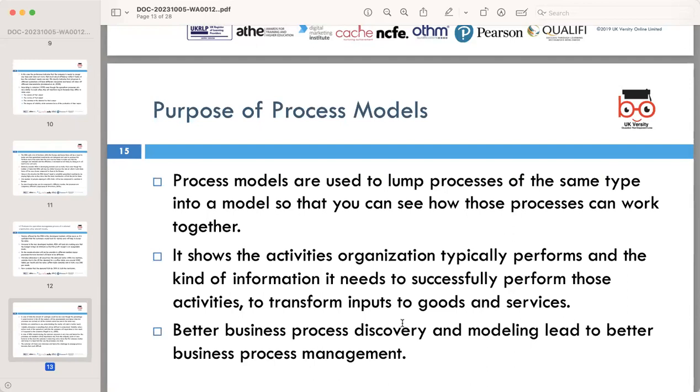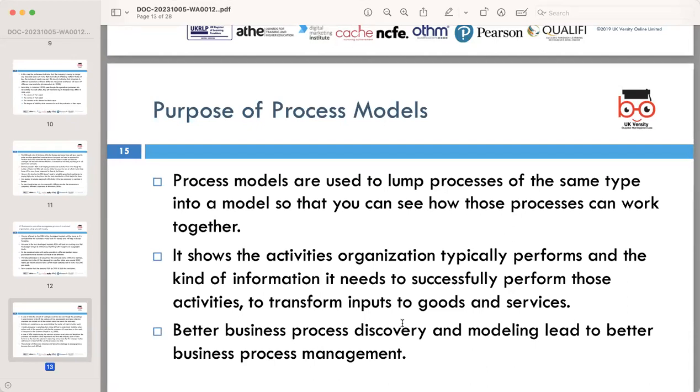This includes understanding the sequence of activities and the kind of information required to successfully transform inputs into goods and services. Then enhanced business process management: effective business process discovery and modeling contribute to improved business process management by understanding and documenting a process accurately.